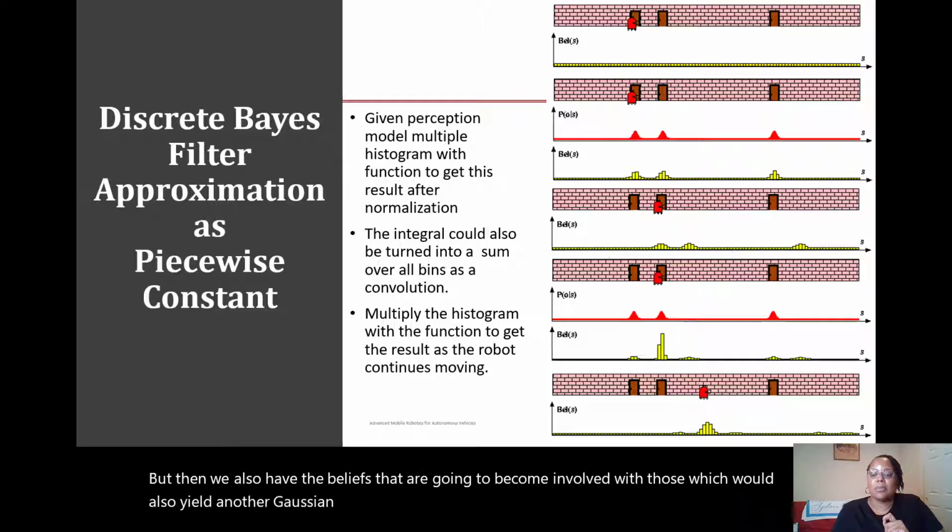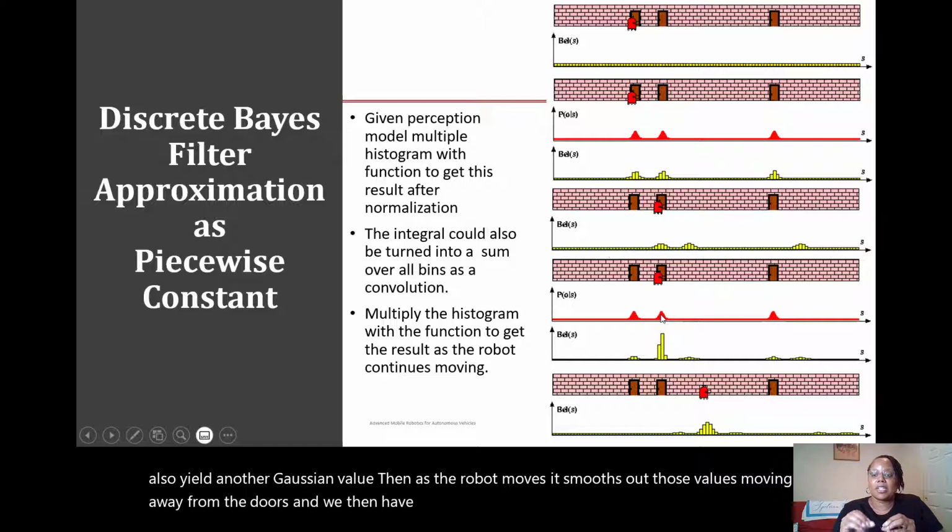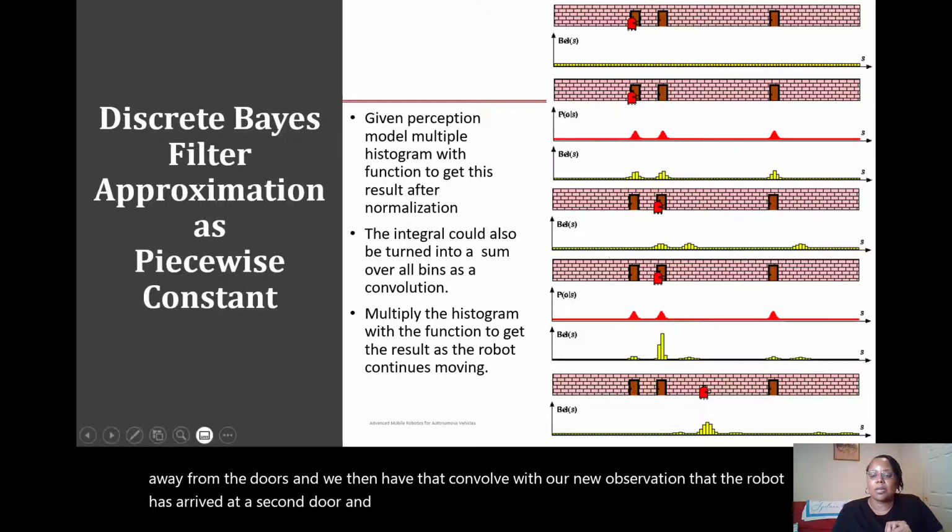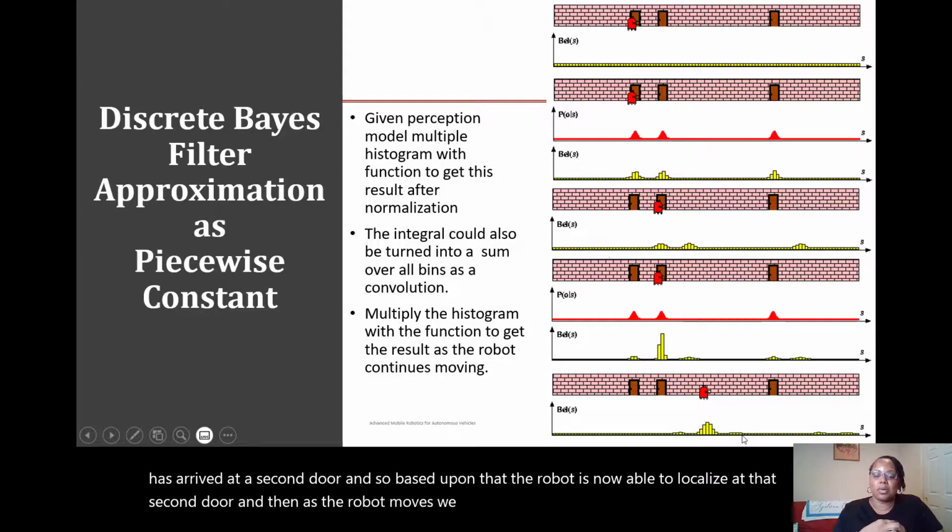Then as the robot moves, it smooths out those values, moving away from the doors. We then convolve that with our new observation that the robot has arrived at a second door, and based upon that, the robot is now able to localize at that second door. And then as the robot moves, we notice that the belief of where the robot is in the world moves with it.